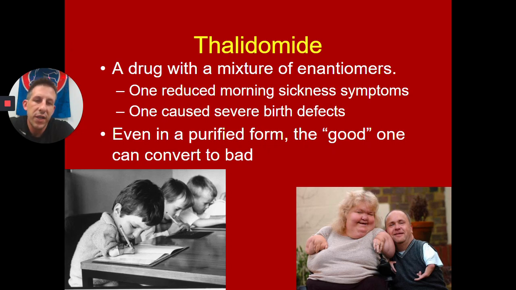What people didn't understand is that this drug, with a mixture of the other enantiomer, was bad. It had one of the enantiomers that made morning sickness go away, and yet it had its other enantiomer that caused severe birth defects. It's a mirror image of the good one that created really bad things.